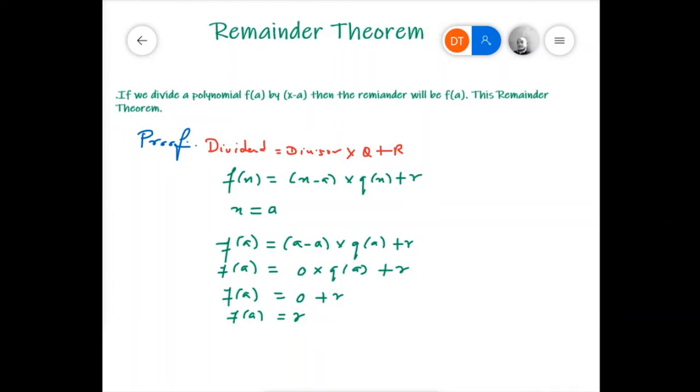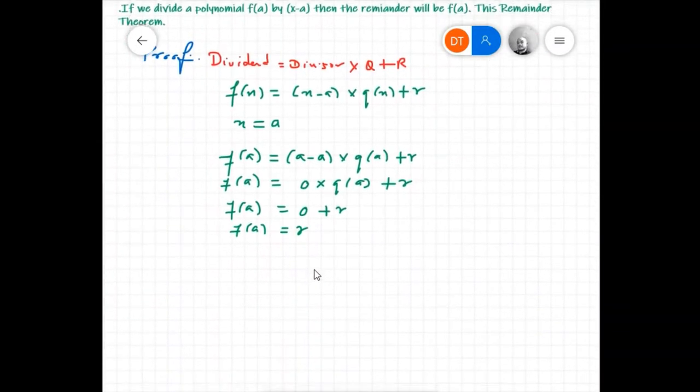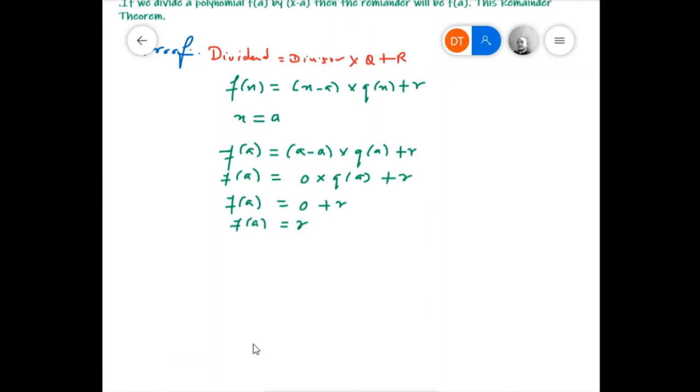Now by using the remainder theorem we can find the remainder without doing division, if we know the dividend and divisor. But before that we should know two very important points. When the divisor equals x minus a, the remainder will always be f of a, as we studied in the above theorem.